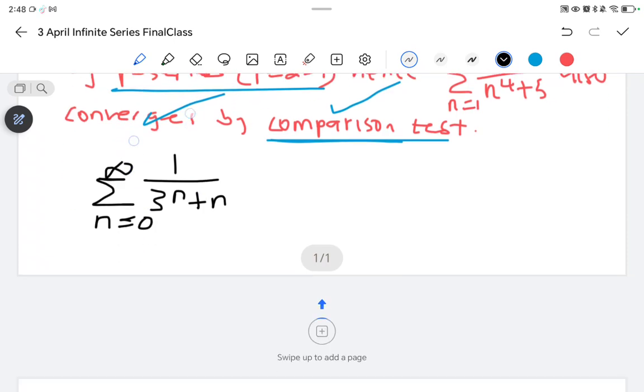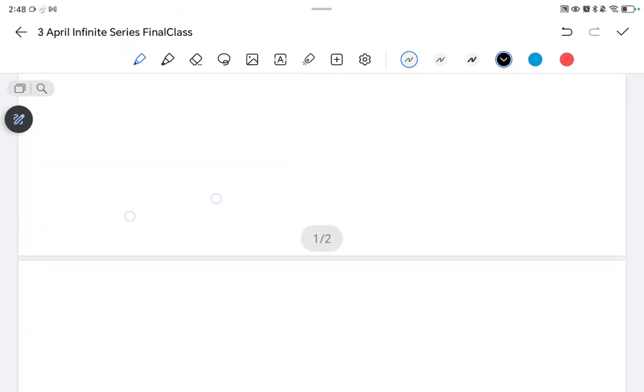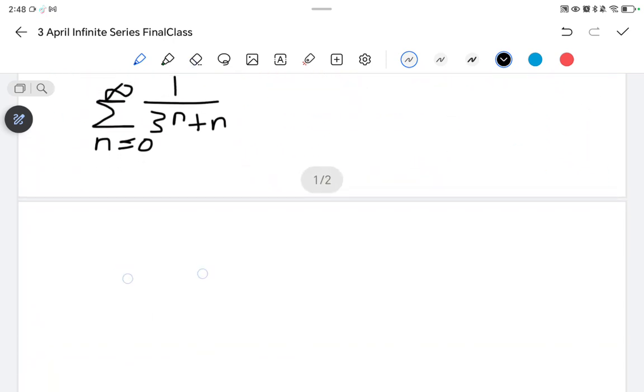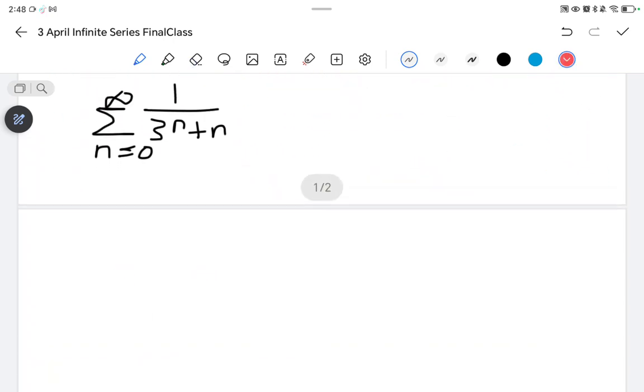So now we have this, right? What we're going to do first is let a of n be equal to 1 over 3 to the n plus n. We let our a of n be that. Then b of n: I said last time that when we want to reduce this, we check.